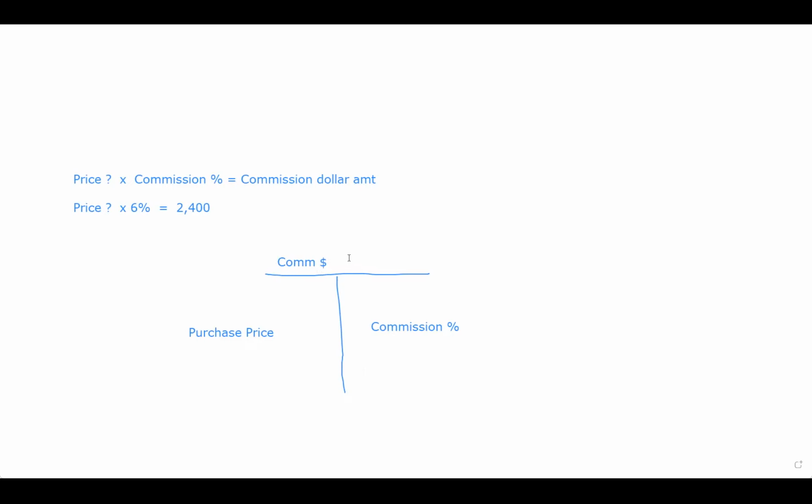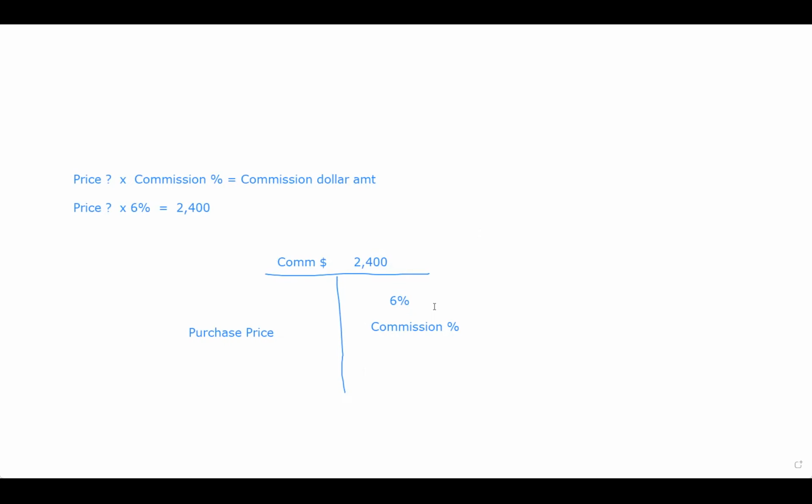Now it gave us the commission dollar amount, so 2,400 will go here. It gave us the commission percent, so 6% would go here. Now we can use the T-bar to find the purchase price, because we're just going to take 2,400, because it's on top, divided by 6%.